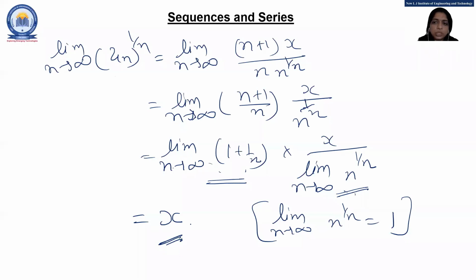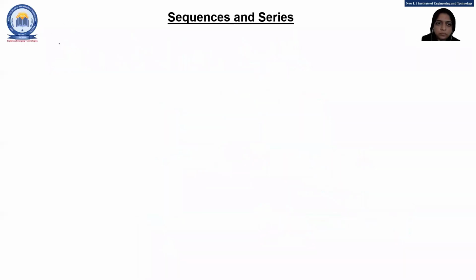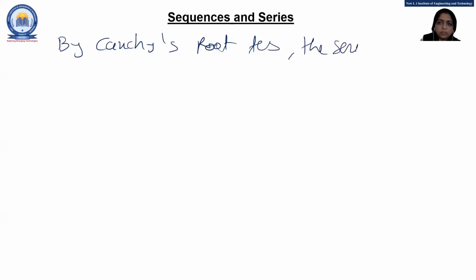So by Cauchy's root test, we can say that the series is: number 1, convergent if x less than 1.